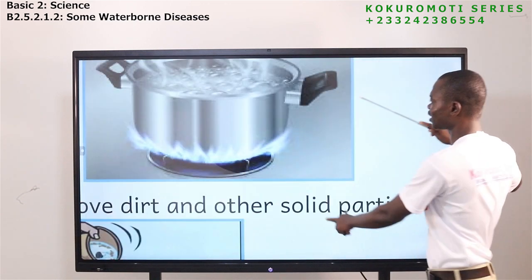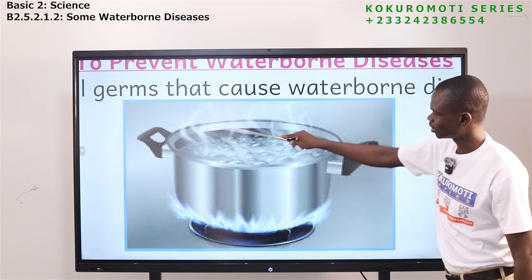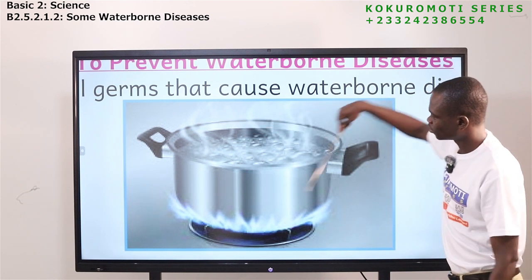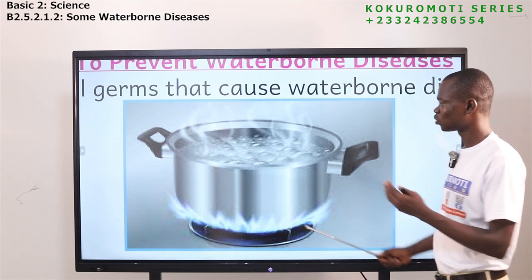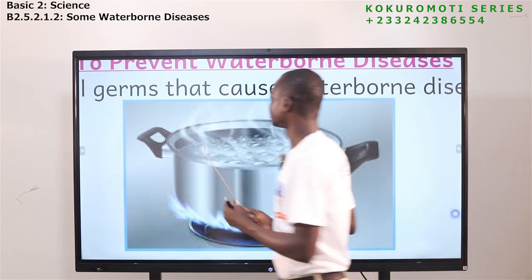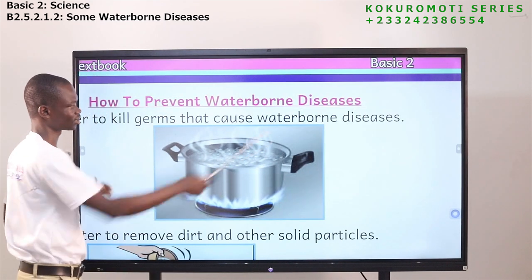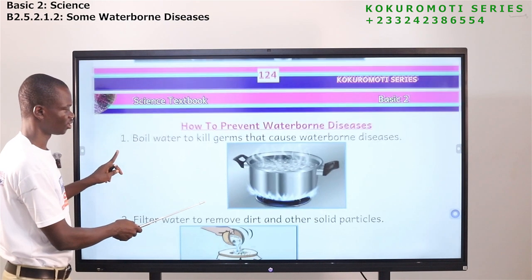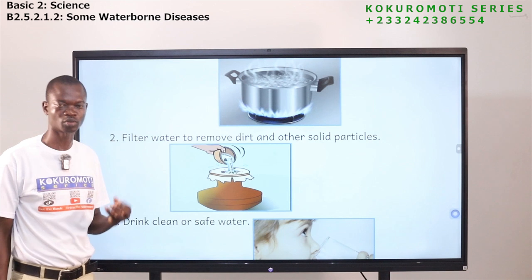So look at the picture here. This is fire. Then we have cooking utensil, and then there is water in it. So the water will boil, and then the heat will kill the germs that cause the disease. Okay, so let's try this at home if you want to prevent ourselves from waterborne disease.